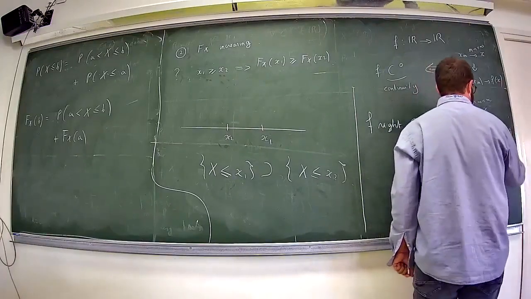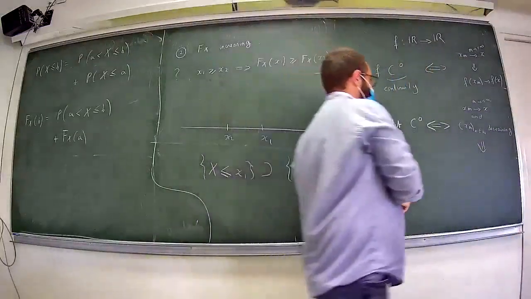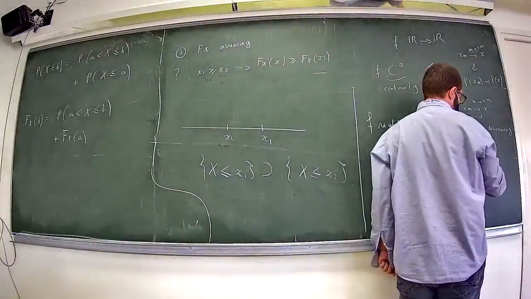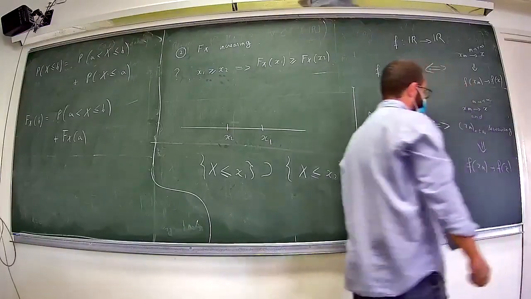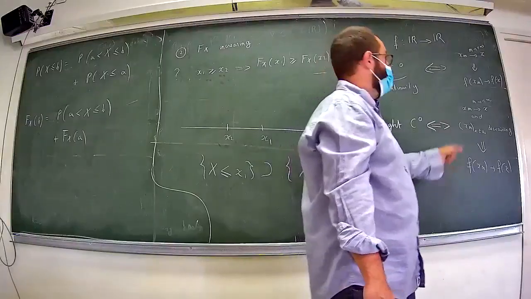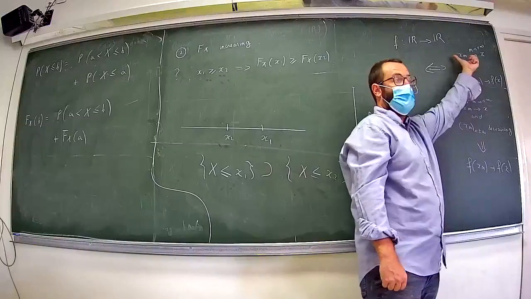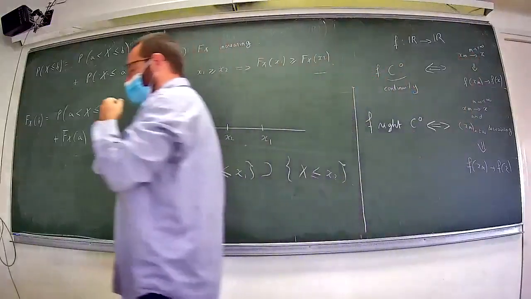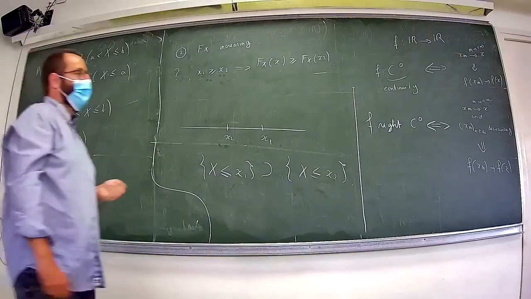So you want to have a decreasing sequence converging toward x this way, then f of xn converges toward f of x. Of course, if you are continuous, you are right continuous, because if you are convergent and decreasing, you are convergent.